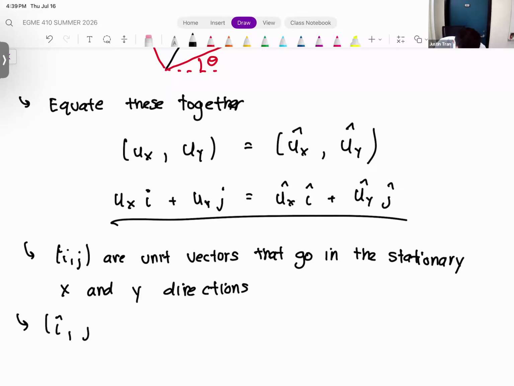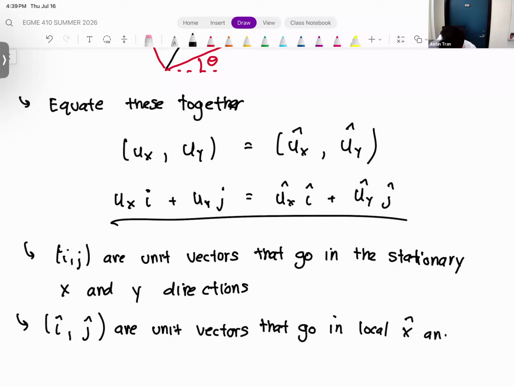And then i hat and j hat, these are unit vectors that go in the local x and local y directions. So this is just another way that you can express the components of a vector. You basically take the vector component, multiply it by a unit vector in that direction, and add it to the other components multiplied by the respective unit vectors as well.